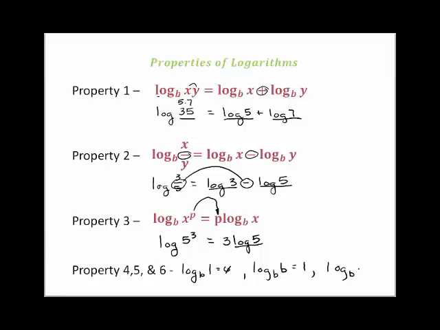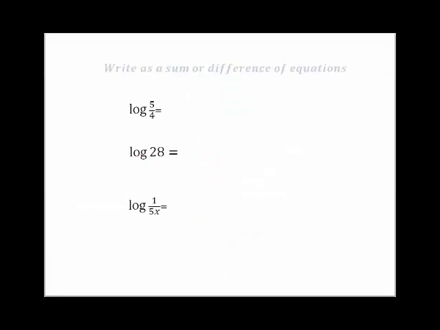Log to the base b of b raised to the n is equal to that exponent n. We'll see how that comes into play. These are the ones that we're going to concentrate on. Ready? Here we go.